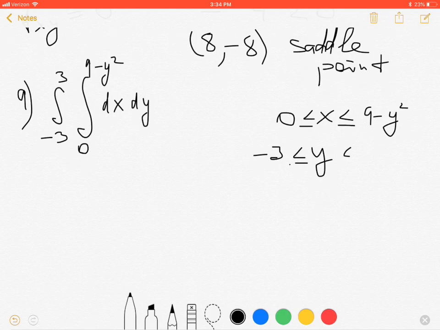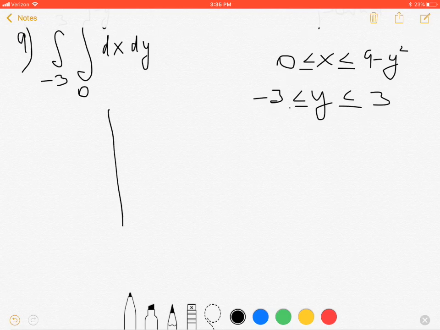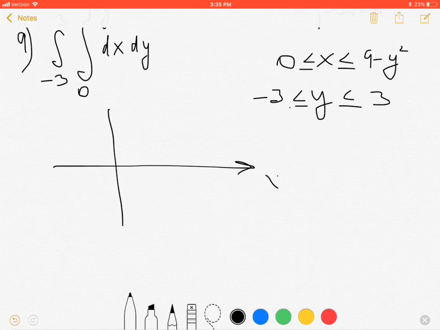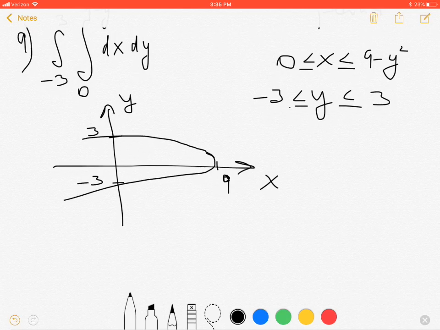Okay, let's try to graph this region. Here x, y, this is 9, and this is 3 and -3. The curve x equals 9 minus y squared will be like a parabola.